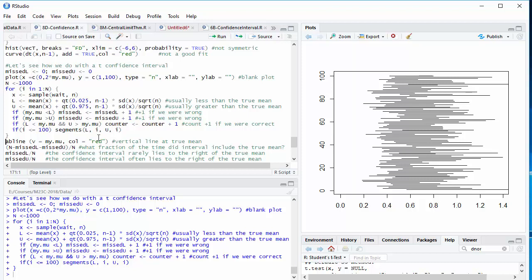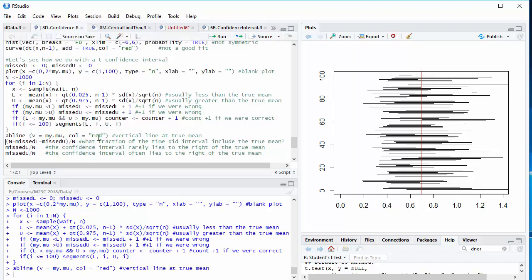I computed 1,000 of them, but only displayed 100. There's a vertical line at the true mean, and I think you can just by eyeballing this see there's a substantial number of times when the entire confidence interval lies to the left of the true mean. There seem to be many fewer cases where the entire confidence interval lies to the right. That's a consequence of our skewness.